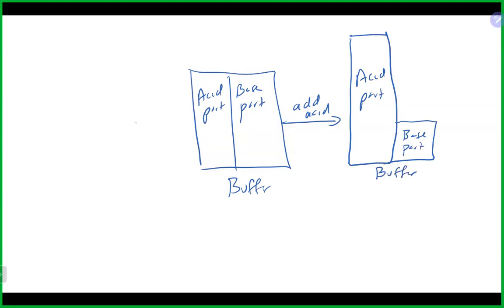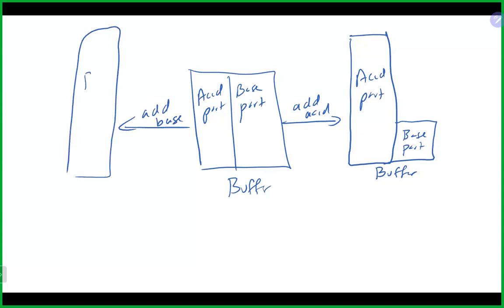Same thing if you add base to a buffer: it will react with the acid part, but you'll make more of the base part of the buffer, and you'll use up some of the acid part. It is sort of self-generating in a sense. You use a little bit of one part of the buffer, but it'll make the other part.